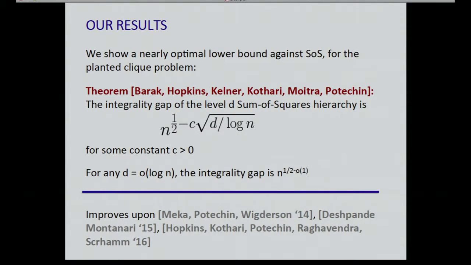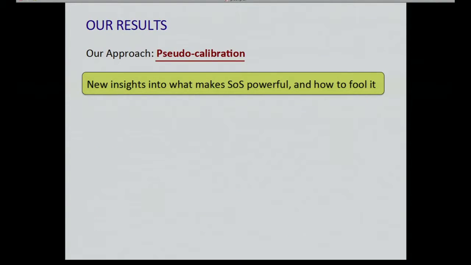This improves upon a line of work started by Meka, Potechin, and Wigderson. We built very heavily on these papers. It was later improved by Deshpande and Montanari, and then Hopkins et al. Before I get into what pseudo-calibration is, I want to tell you some of the key insights from these papers and how that leads to the notion of pseudo-calibration.